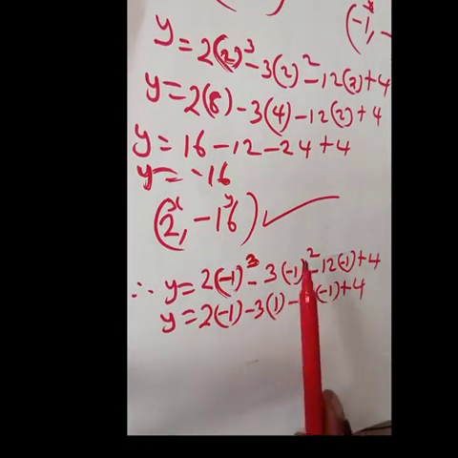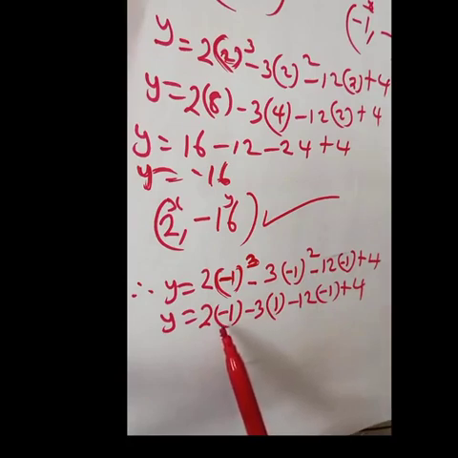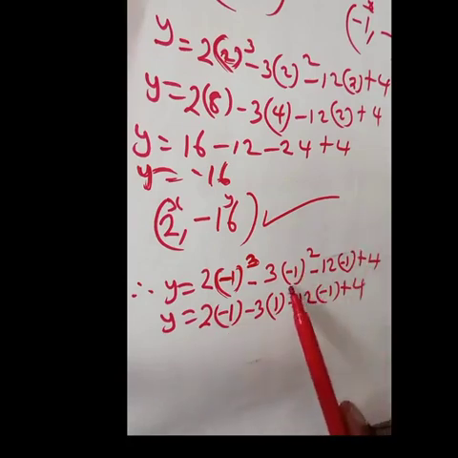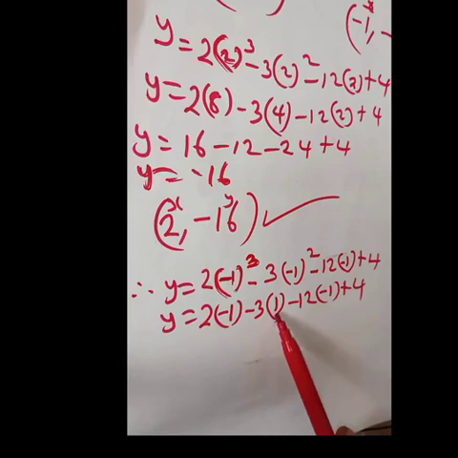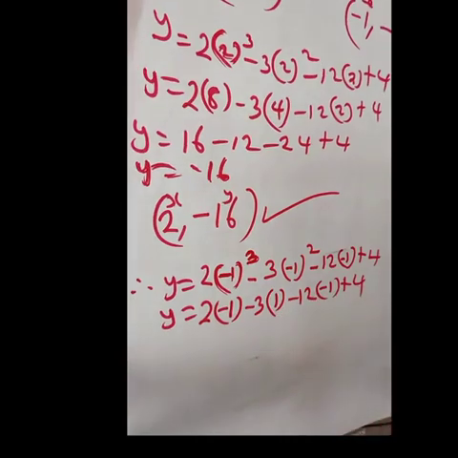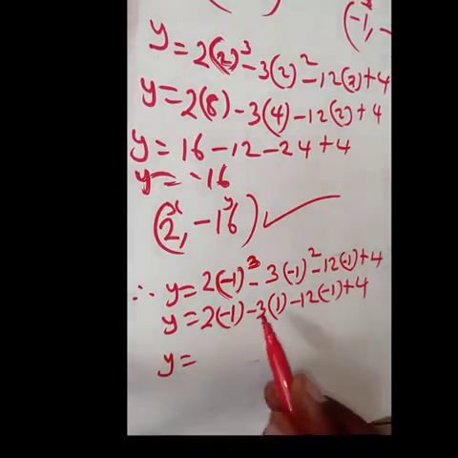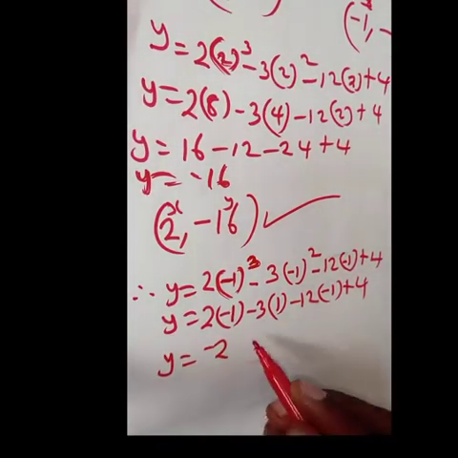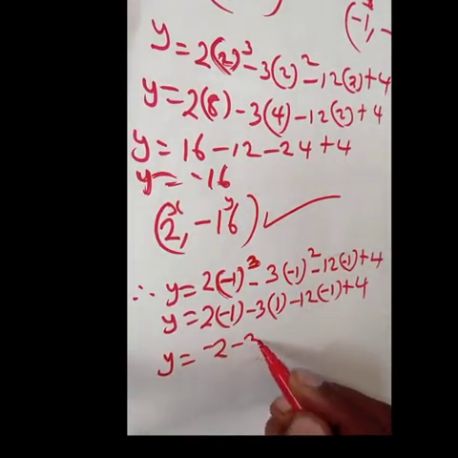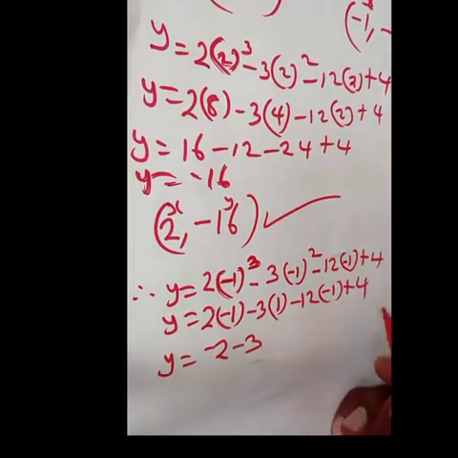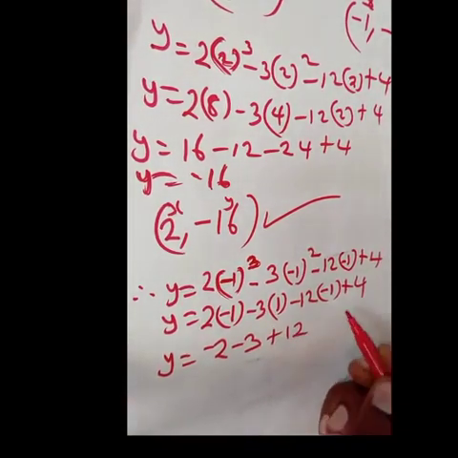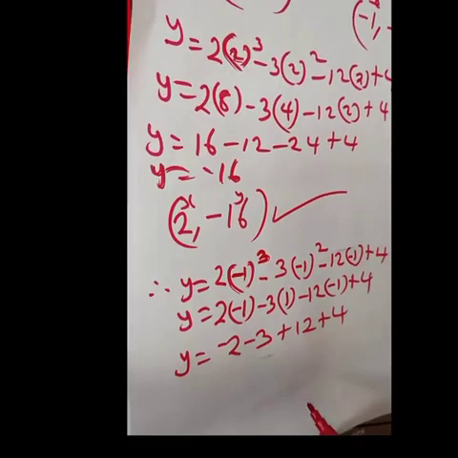So -1 to the power 3 is -1. -1 squared, it means -1 times -1 is 1. Then we write this. So in the next step, 2 times -1 is -2, -3 times 1 is -3, -12 times -1 is plus 12, then this one plus 4.